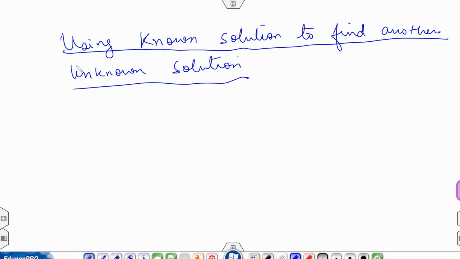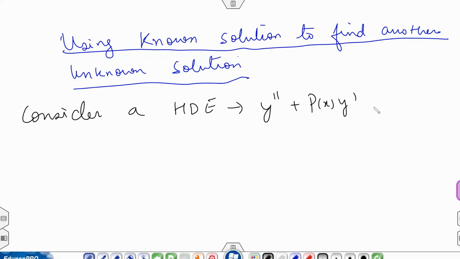So consider a homogeneous differential equation. Again, I'm writing the same thing: p(x)y'' plus q(x)y equal to 0. Say this is equation number 1. We have discussed that if y1 and y2 are two linearly independent solutions, then y1 and y2 form the general solution of the homogeneous differential equation.